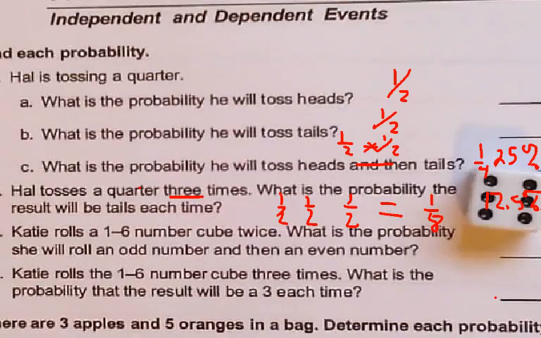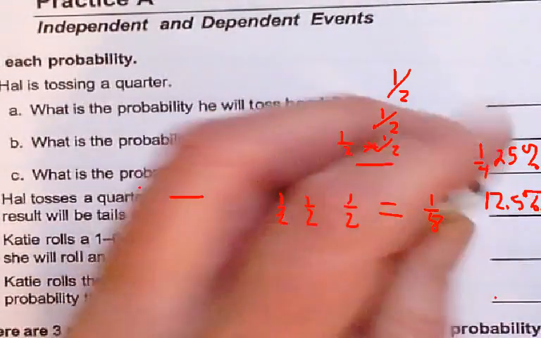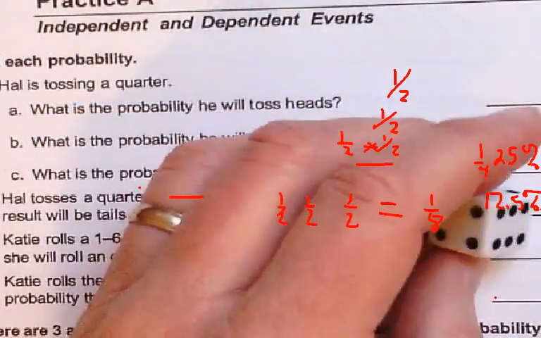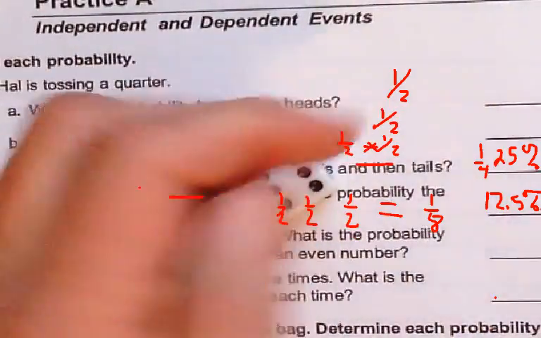Now, if you roll a number cube, remember that's just a dice, right? If you roll a number cube twice, what's the probability that you'll roll an odd number and then an even number? Well, the numbers are 1, 2, 3, 4, 5, 6. So there's 3 odd numbers. That's 1/2 of the time. And then there's 3 even numbers. That's also 1/2 of the time.